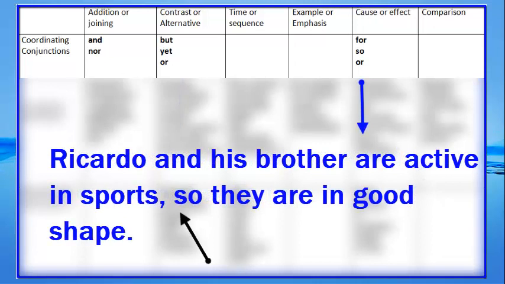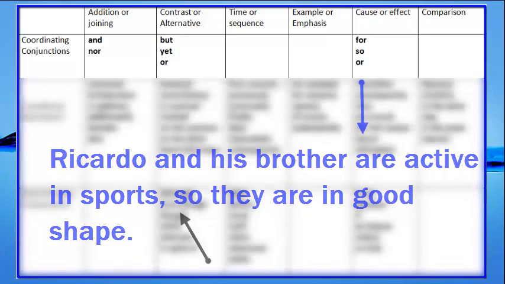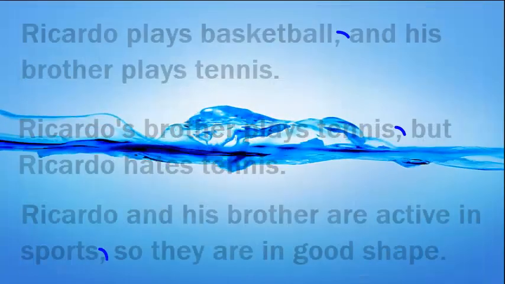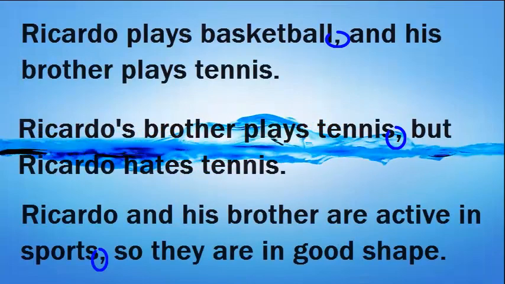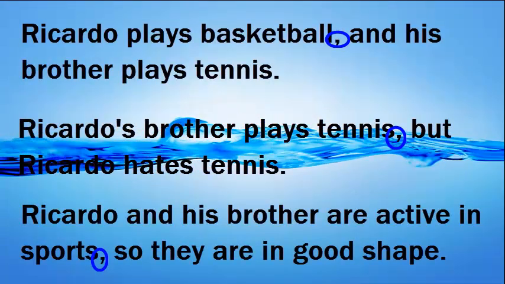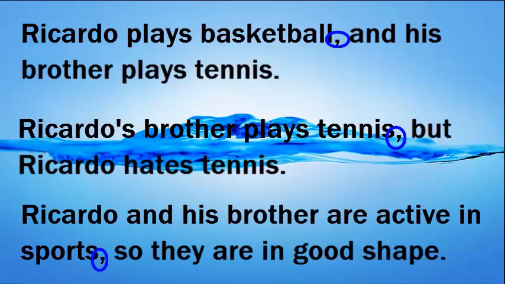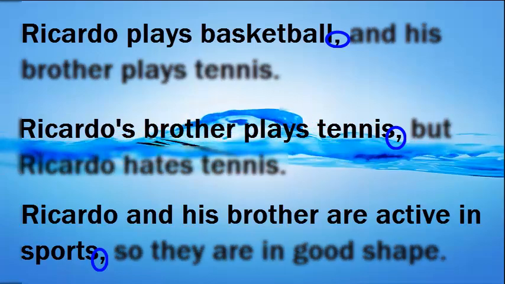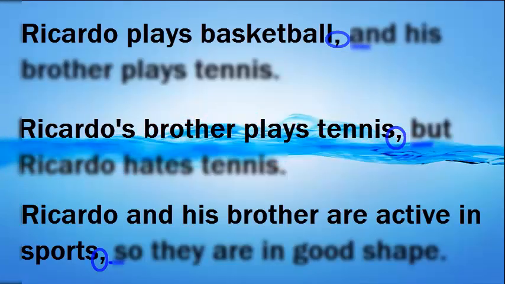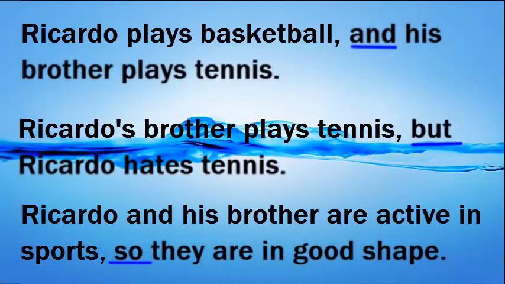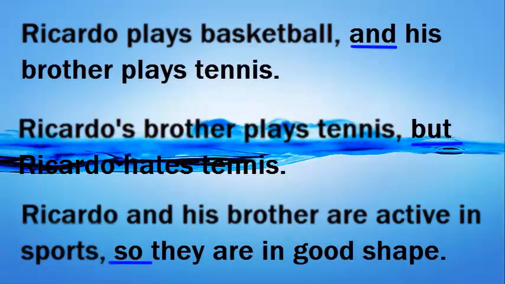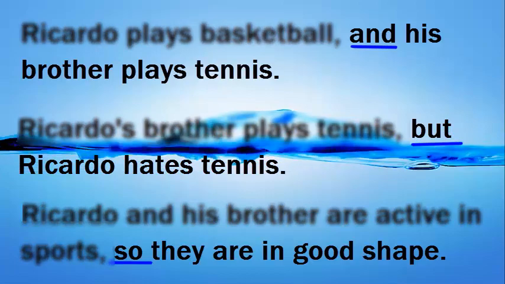Ricardo and his brother are active in sports, so they are in good shape. Notice in these compound sentences that a comma comes after the first independent clause and a coordinating conjunction comes before the second independent clause.